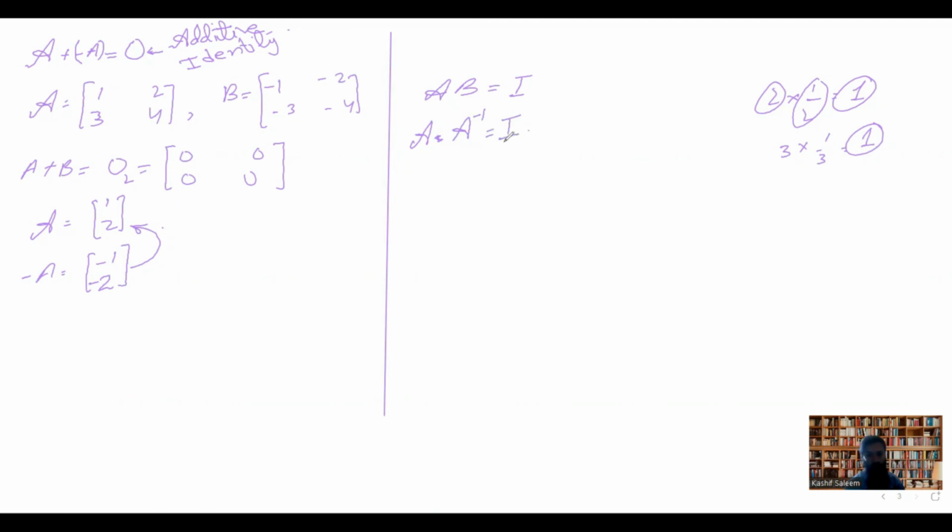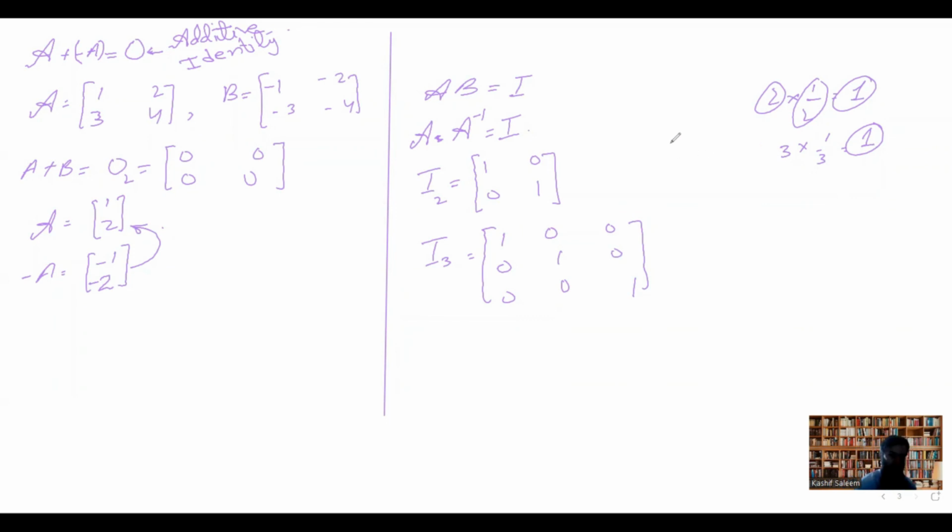So what is I? For example, this is I2, 1 0 0 1, and this is I3, 1 0 0, 0 1 0, 0 0 1. There are several methods to calculate A inverse, that is multiplicative inverse, but we are not going into detail in this lecture.